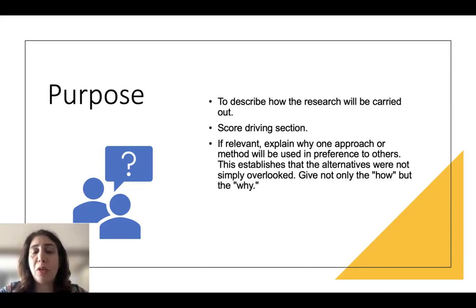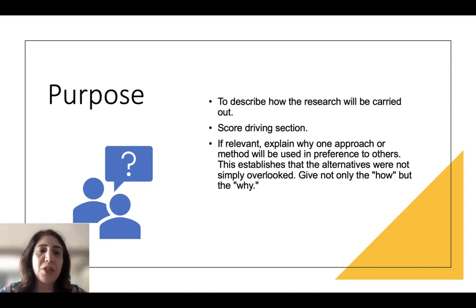So when you write your grant, you talk about your why: why you chose this approach and why you didn't choose another approach. It flows well when the reviewer reads your application, and the reviewer understands that you thought about all these limitations.